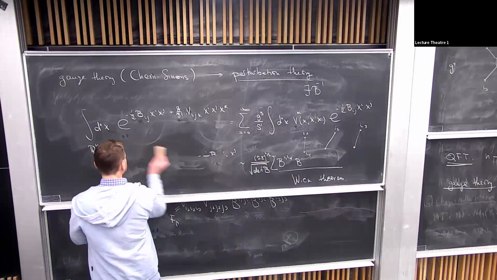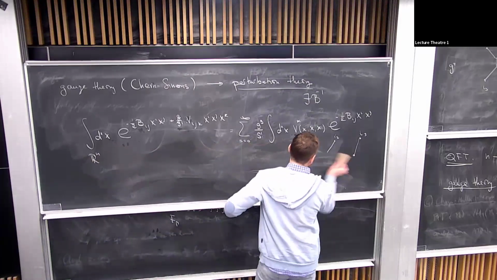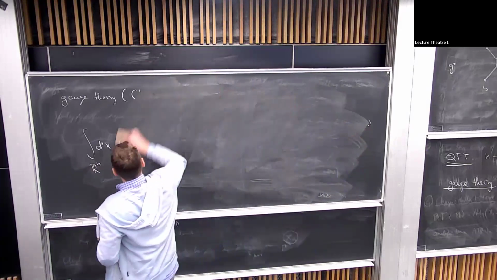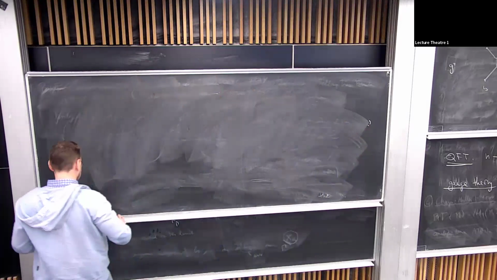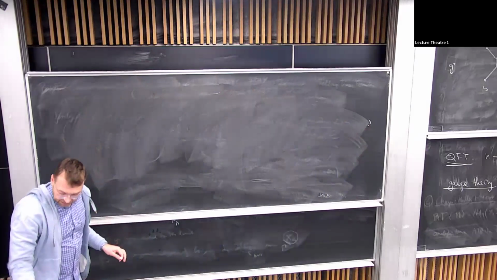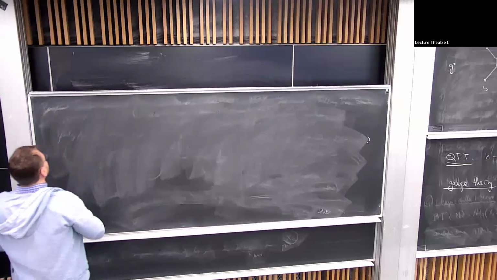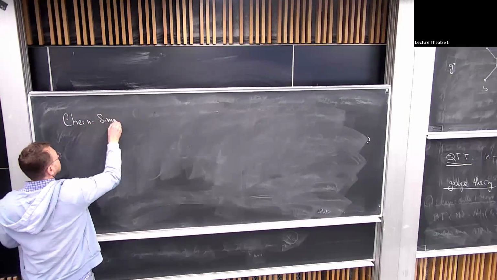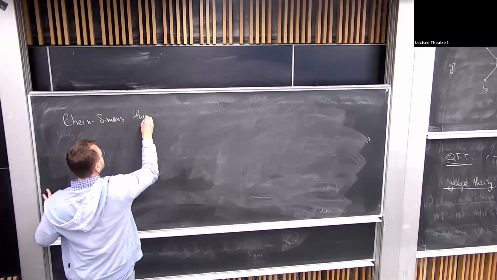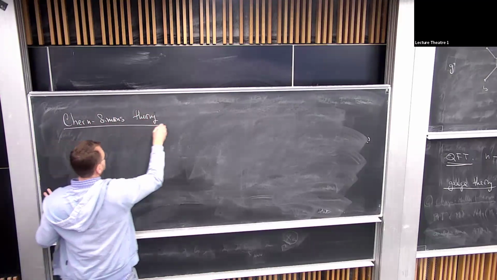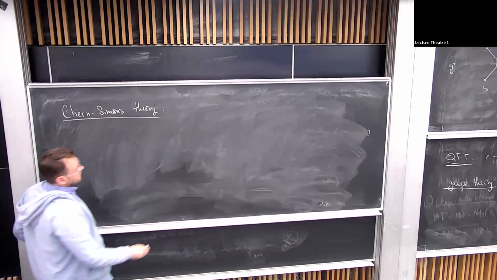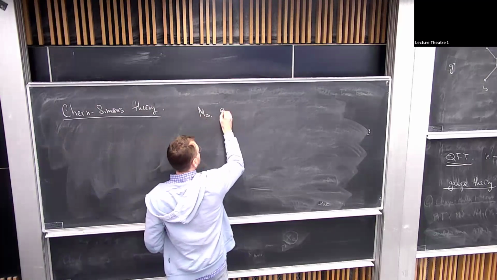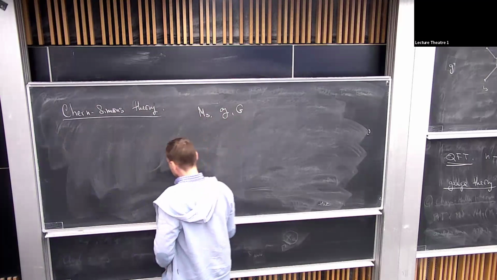And again, now I'm switching to more interesting things. So let's talk about Chern-Simons from this point of view. In principle, Chern-Simons is that we have some three manifold, then we have some Lie algebra, Lie group.